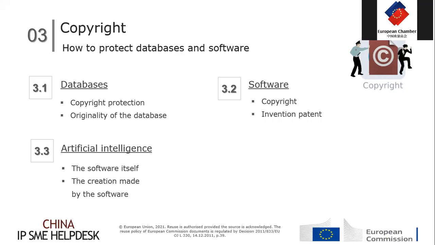In the case of databases, what should be original is how the data, how the information is presented. If you only have a simple list of names taken from another database, but you haven't done anything that brings any difference, that helps to differentiate one product from the previous one, it would not have copyright.